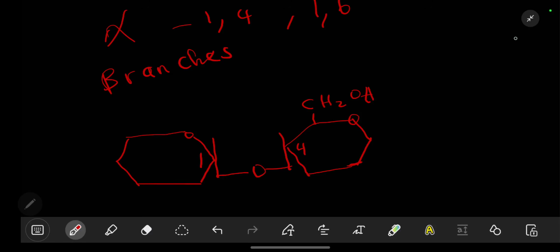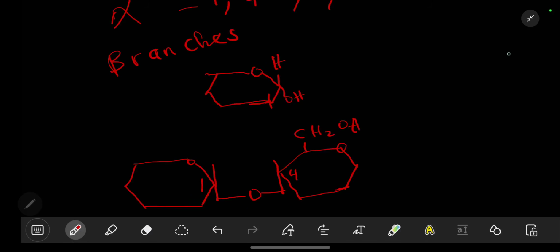Now what is the structure that is formed? Just in case it came in a test, you have to finish the structure. I've taught you how to draw the structure, but for the sake of being fast, let me finish quickly. Another carbon might join here. As you can see, this is 1 prime, 2, 3, 4, and 1, 2, 3, 4, 5.